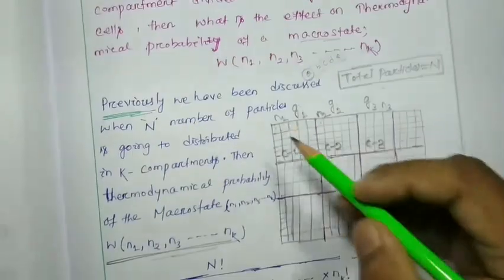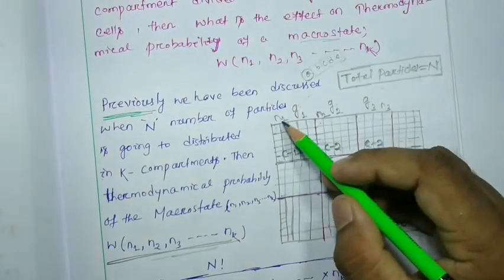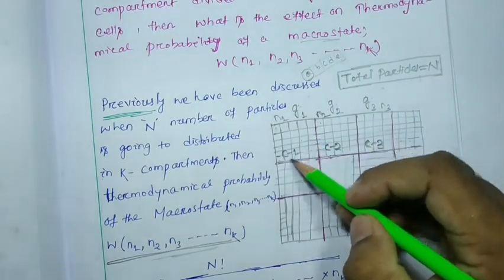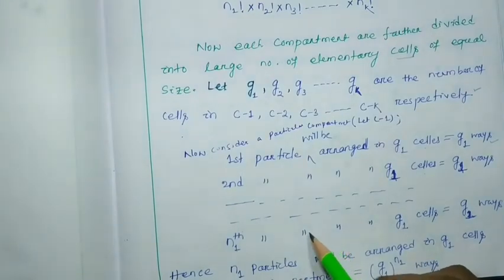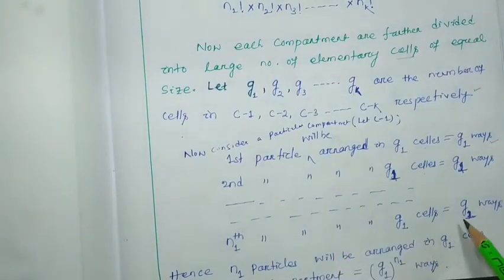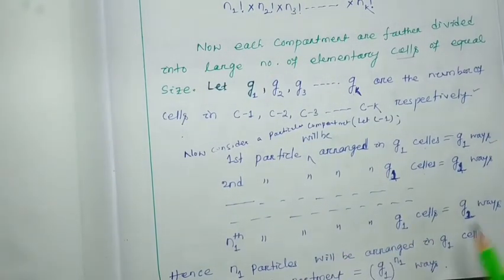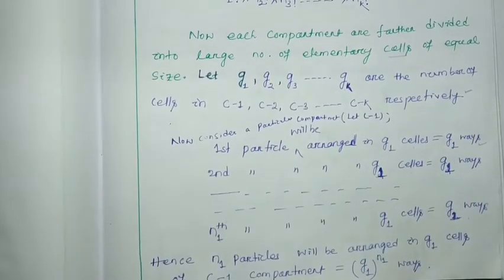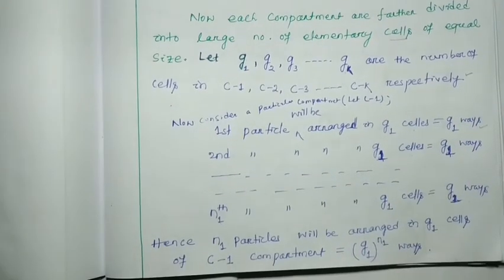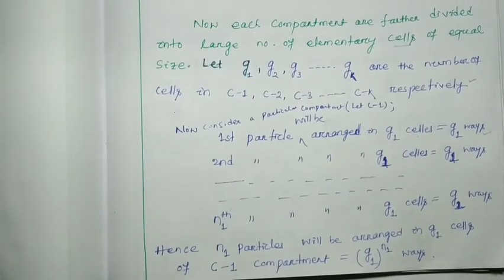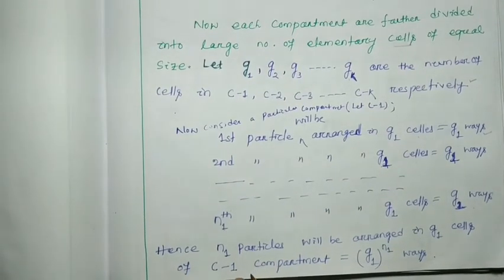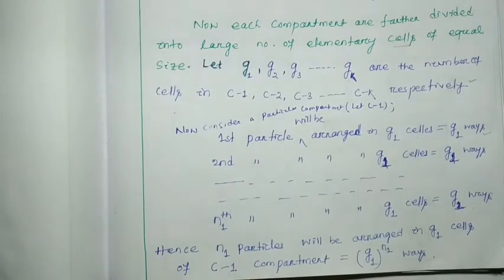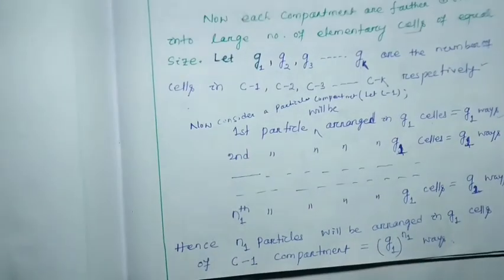Hence n1 particles will be arranged in g1 cells of the C1 compartment in how many ways? g1 to the power n1 ways. Got it?